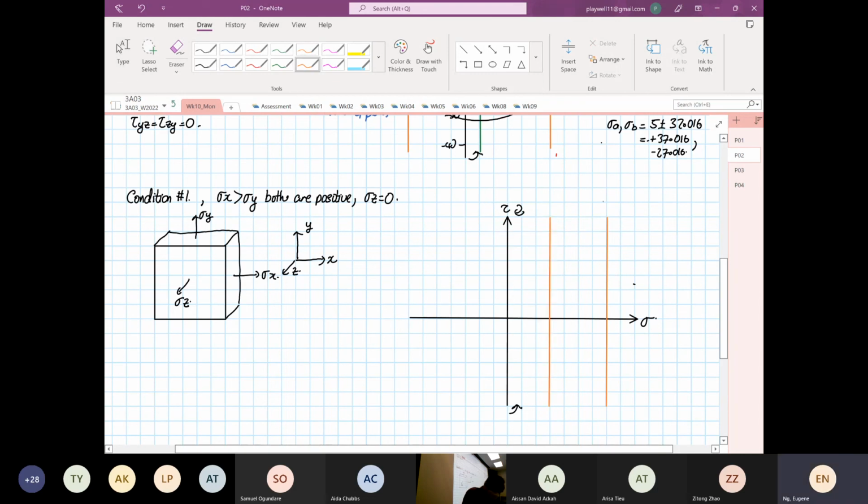This is our stress X, stress Y, and stress Z points. Because there's 0 shearing stress, this is our point X, point Y, and this is our point Z. So when we construct our first circle, this is our XY plane, the in plane.